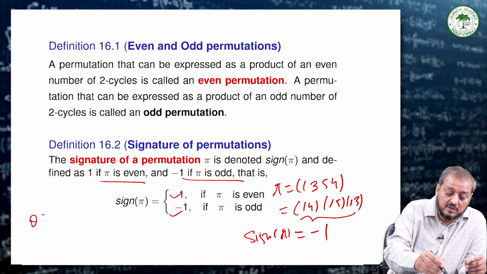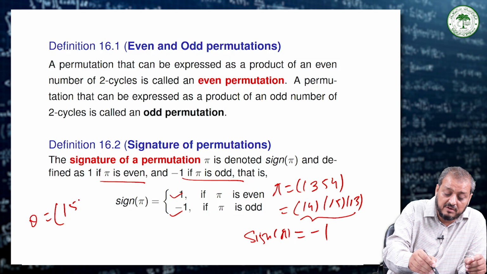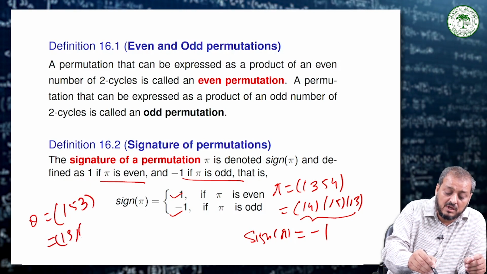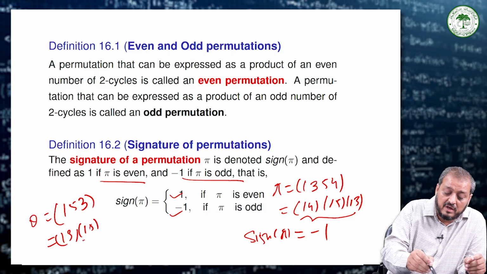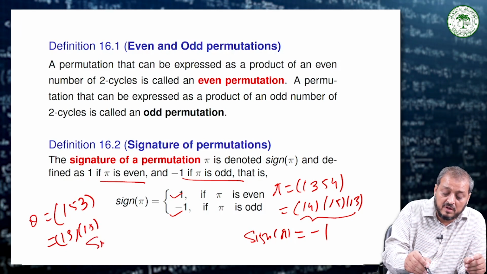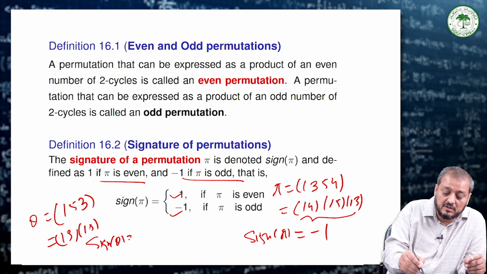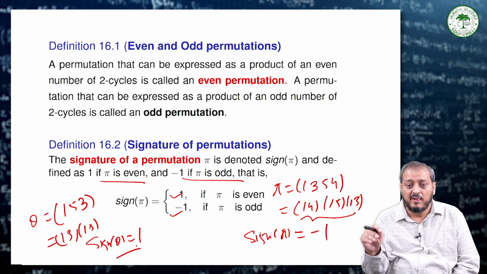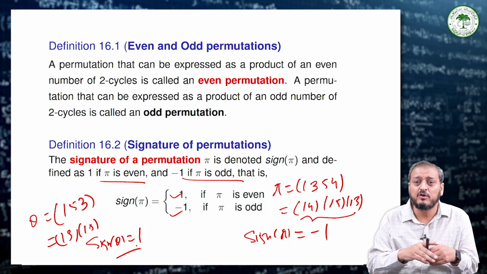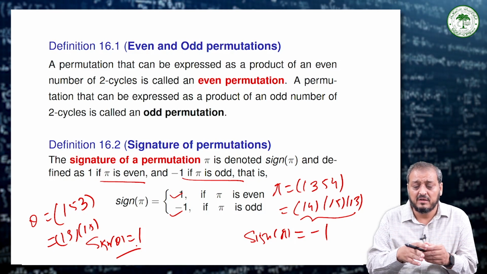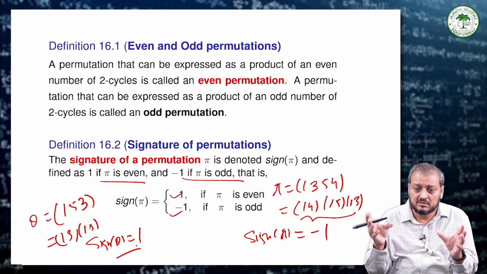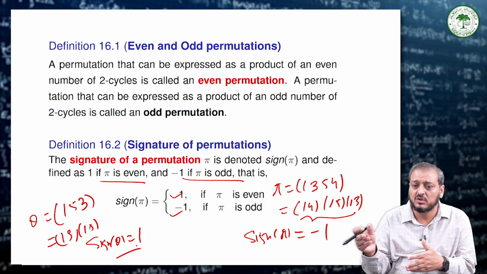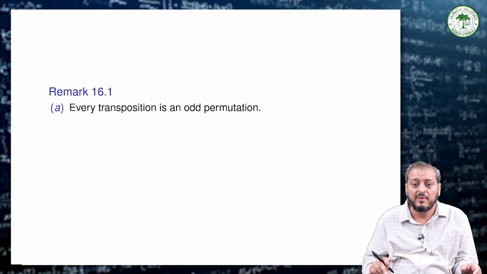Then take theta equal to (1 5 3), which can be written as (1 3)(1 5), an even permutation. In this case the signature of theta is equal to 1. So simply, if a permutation is even, then the signature is 1; if a permutation is odd, then the signature is -1.